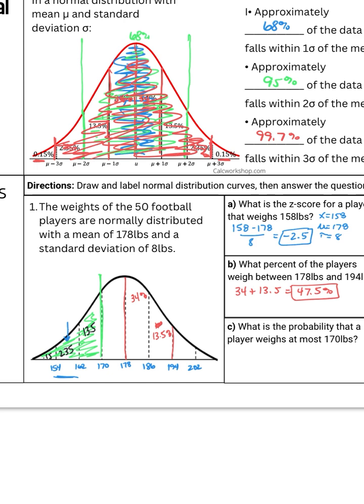So we're going to add those together. So 13.5 plus 2.35 plus 0.15. And when we add all those together, we're going to get 16%. And that's going to be our answer.